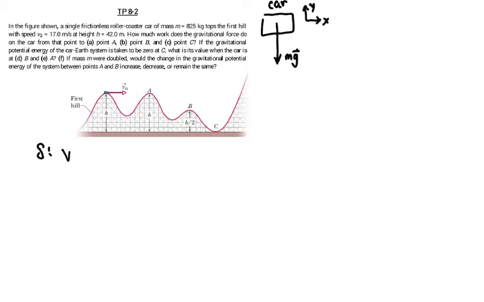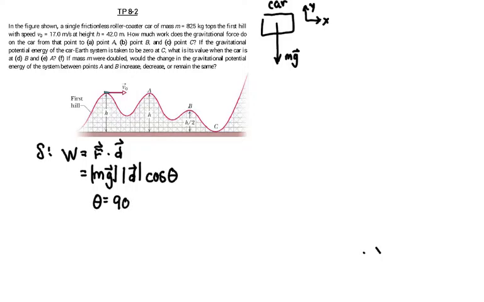So, as I write this out, we have the work is equal to our constant force vector dotted with our displacement vector. But as we continue, our mg, which is our magnitude here, times our displacement, which is some distance, but guess what? The angle between our vectors is 90 degrees. Let me show you.